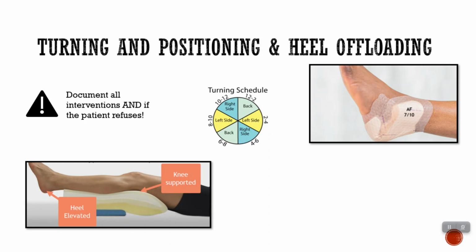We need to offload pressure on the heels. We need to have either them elevated, or like with a pillow with the knee supported, so that the knee is not hyperextended, or we need to have some sort of dressing on it, as you can see on the right upper hand of the screen. And look at that, there was a date and a time.